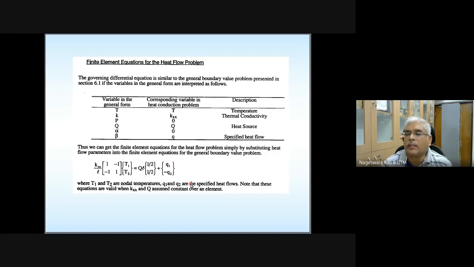And where is the application of it? Don't think that I'm a civil engineer, I'm a structural engineer, I don't require this one. Don't be of that kind of opinion.